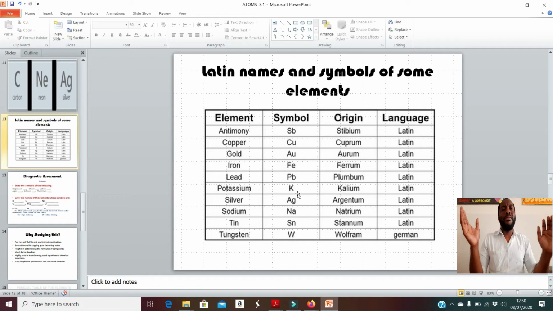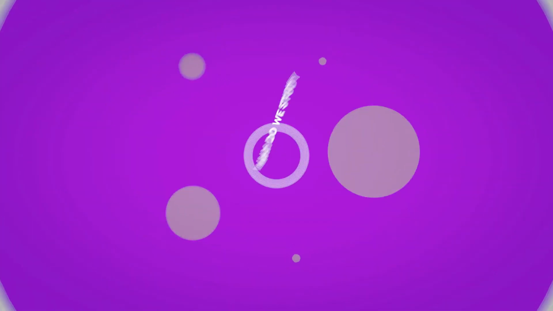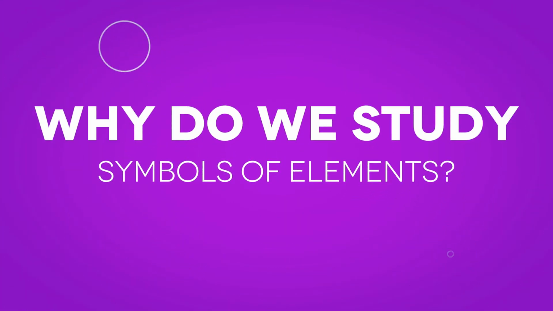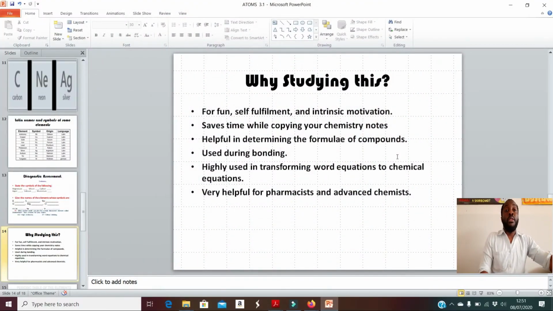So learners, that is that about the symbols of elements. Another question we wish to ask ourselves is, why do I need to study the symbols of elements? Now, I find studying symbols of elements fun.